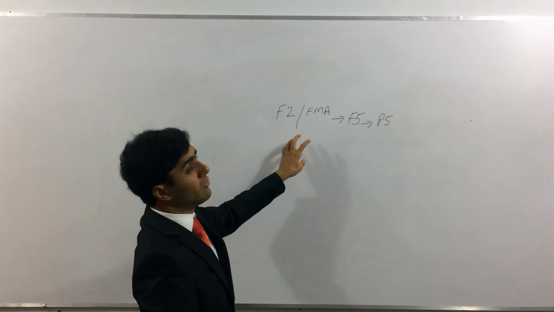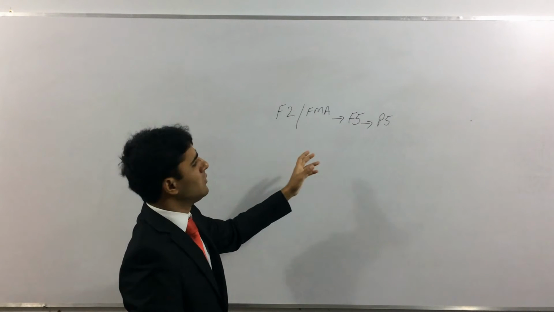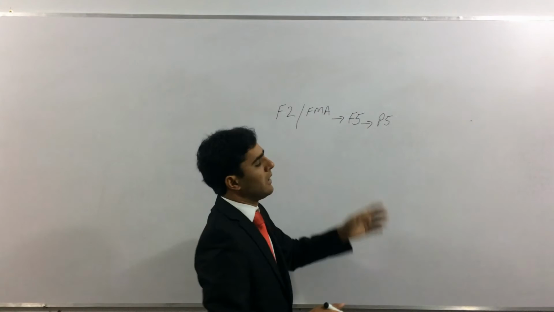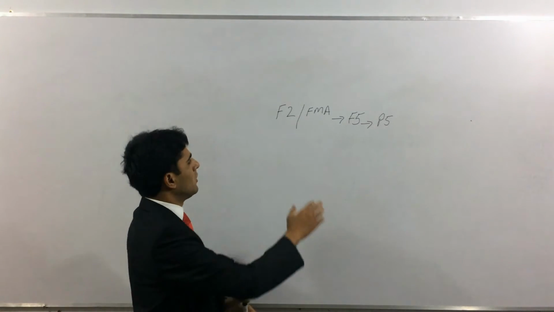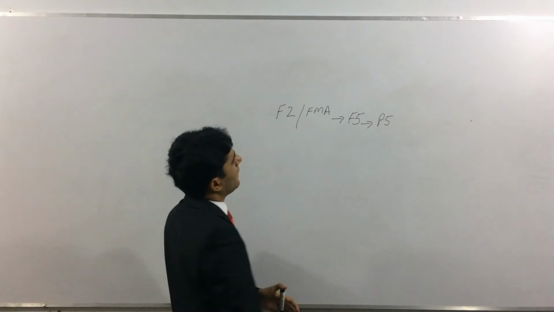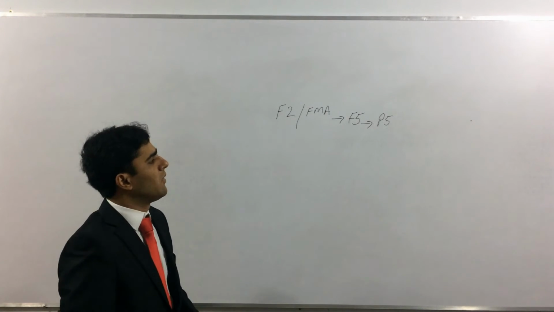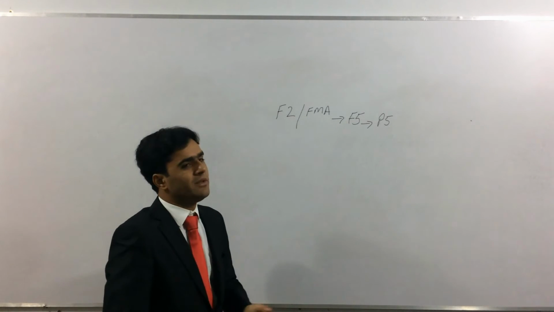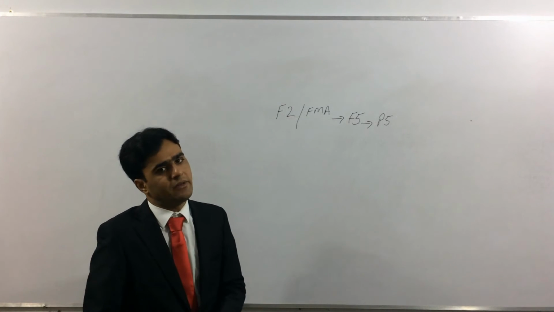You'll have to take good grades in FMA or F2 so that you can fit the new knowledge easily at F5 level. If you are stronger in this paper, it will be easier for you to learn new things at F5 and pass the F5 paper easily. This paper, F2, is not a much difficult paper because it is just CBE and it is a knowledge level exam.